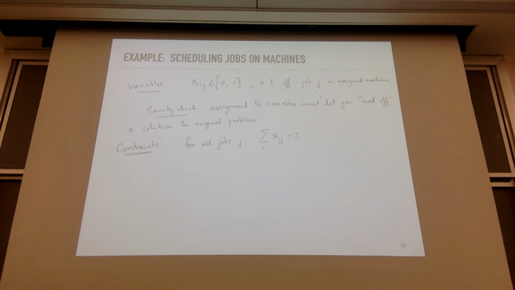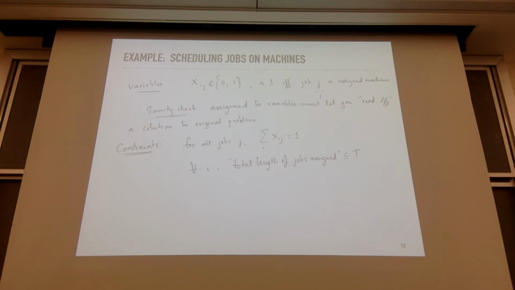So what you would like to have is, for all machines i, intuitively, the total length of jobs assigned is less than or equal to the speed. So how do you capture this as a function?